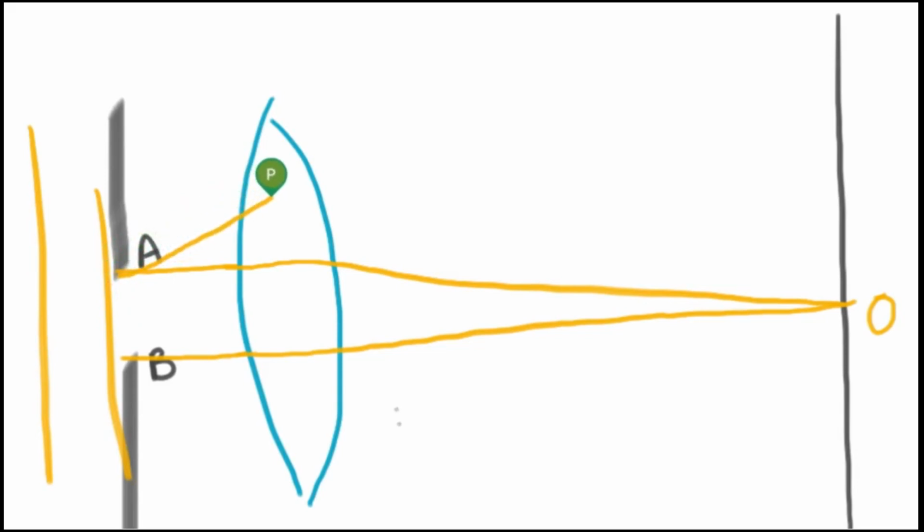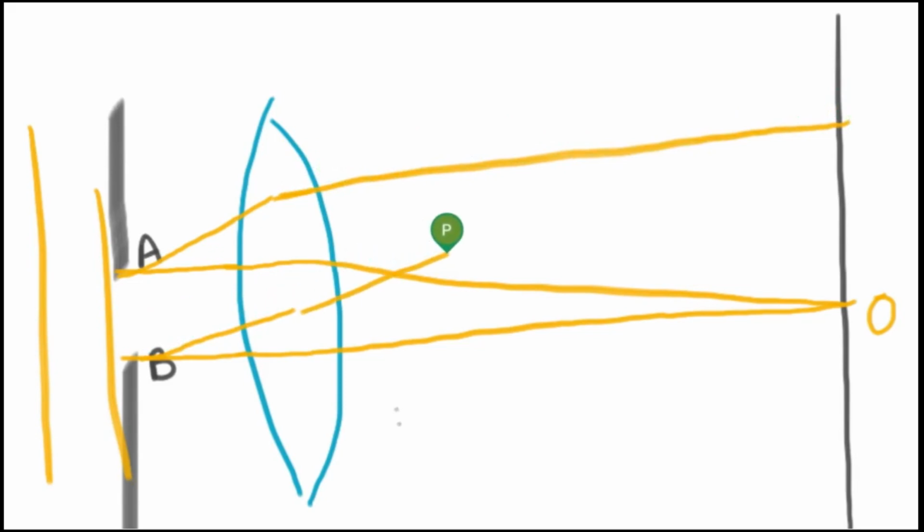It comes and falls on the screen at this point. Fine, it converges at this point. Similarly, the light coming from point B falls on this point. Let me name this point as P.